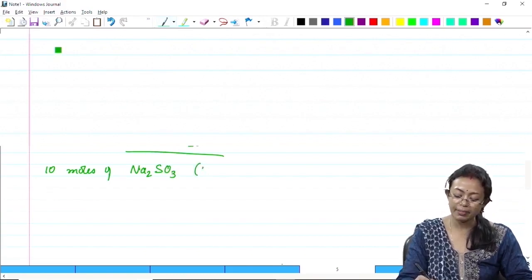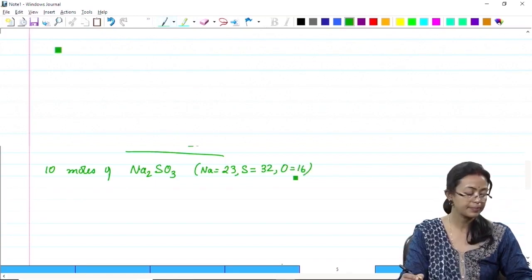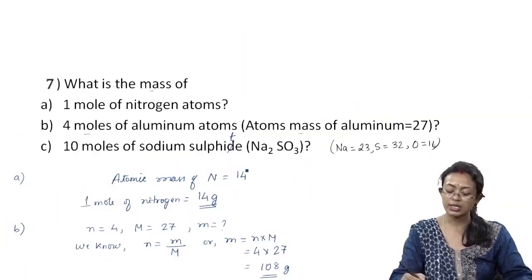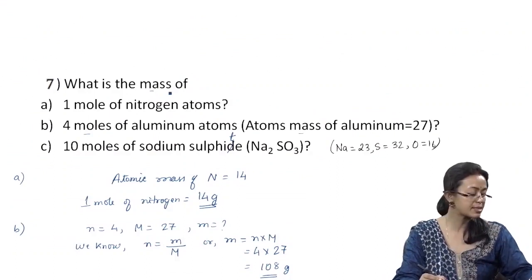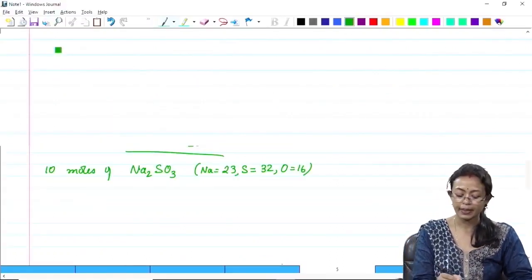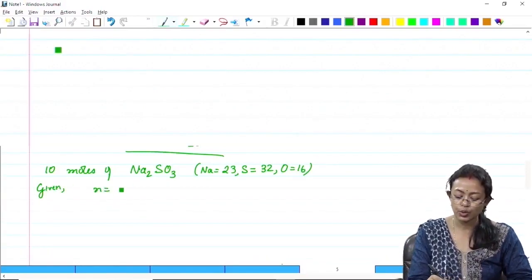Alright, the atomic masses are given: sodium to be 23, sulfur 32 and oxygen 16. Alright, now what is the thing that we need to calculate? We have to find out the mass. Now let's do it. So what are the given things? The given things are n is equal to 10 moles.